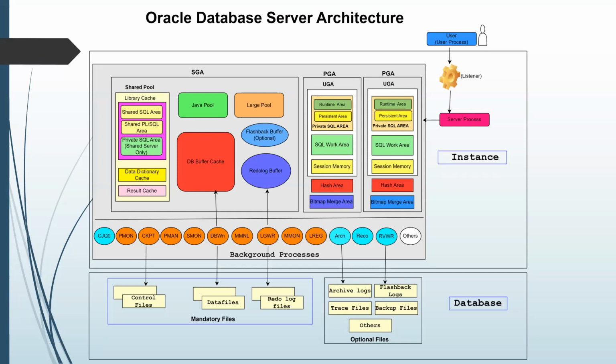And why has Oracle provided that specific feature of placeholder or bind variable? To enhance reusability in the database. So these two components are present inside the private SQL area. The runtime area and persistent area are components of the private SQL area.